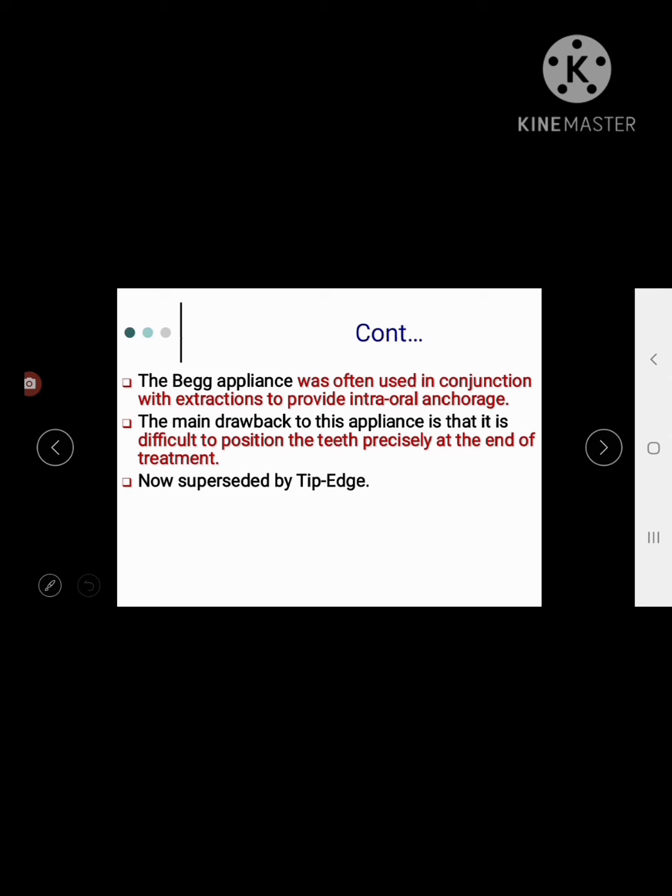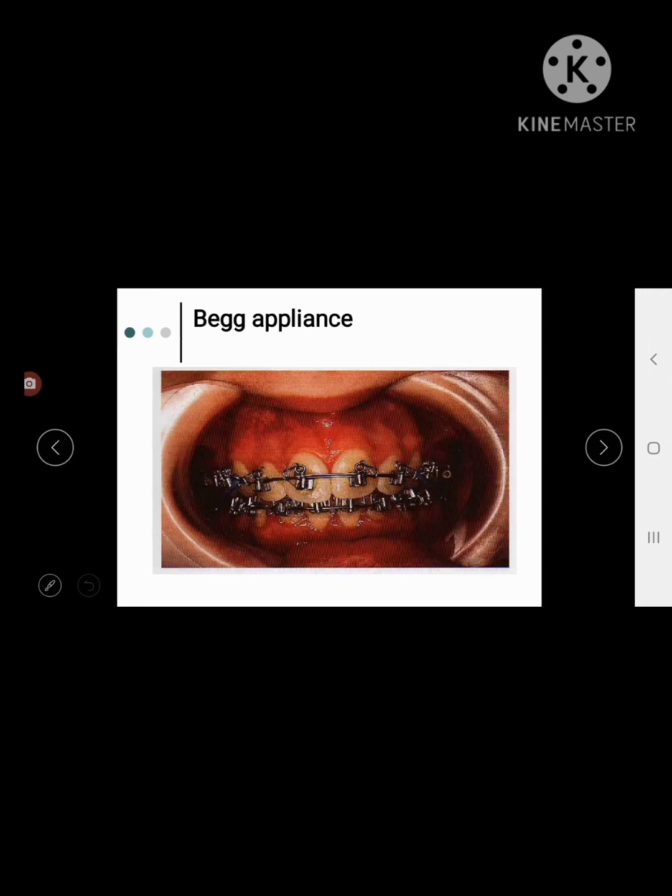The Begg appliance was often used in conjunction with extraction to provide intraoral anchorage. The main drawback of this appliance is that it is difficult to position the teeth precisely at the end of the treatment. Now it has been superseded by tip edge. The Begg appliance looks like this.